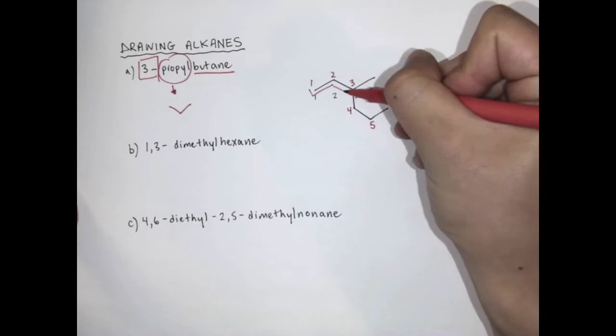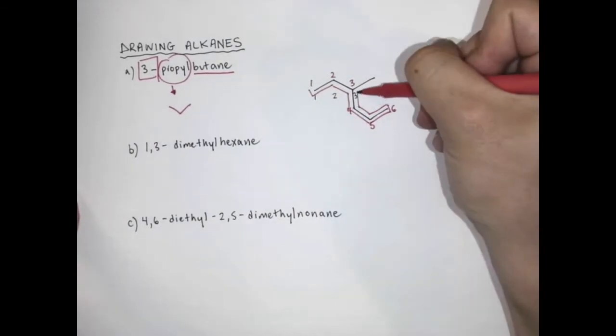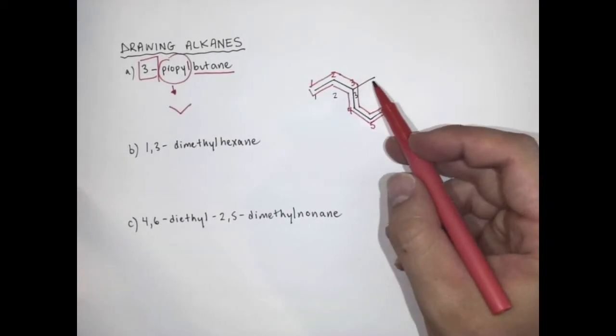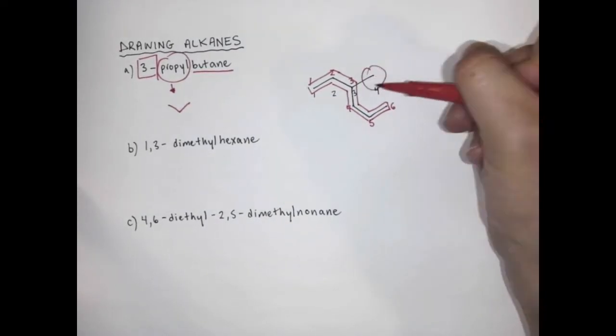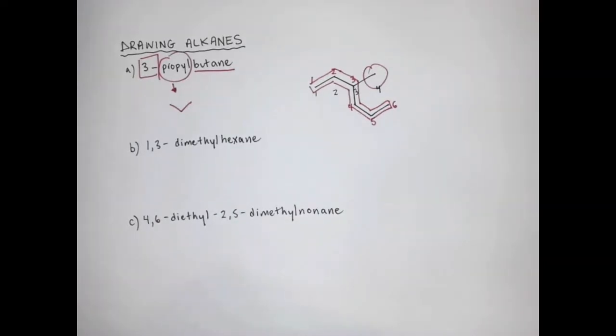That is the longest chain right there. And instead of having a propyl group on carbon 3, we're left with 1 carbon off of carbon 3, which is a methyl group.